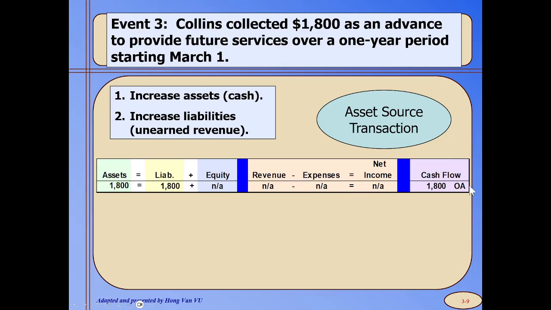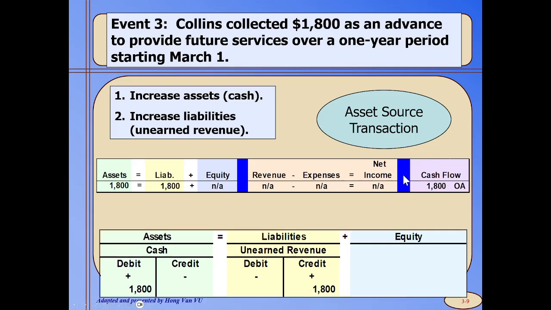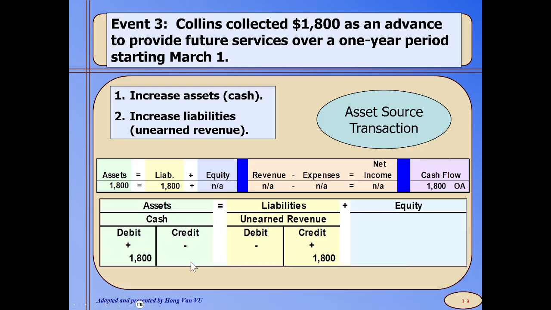However, because the cash was received, the cash flow statement records an inflow of 1,800 for operating activity. So here is the illustration of the impact on the T account. For the cash, we have a debit increase of 1,800 and unearned revenue credit of 1,800. There's no effect on the equity account.